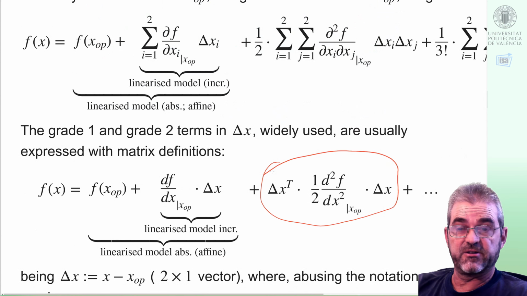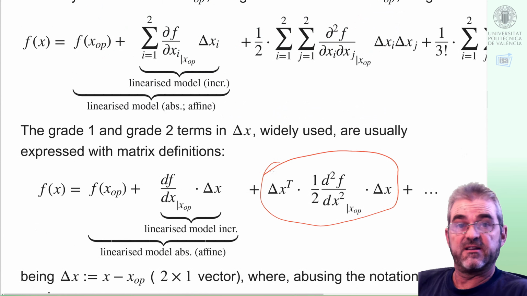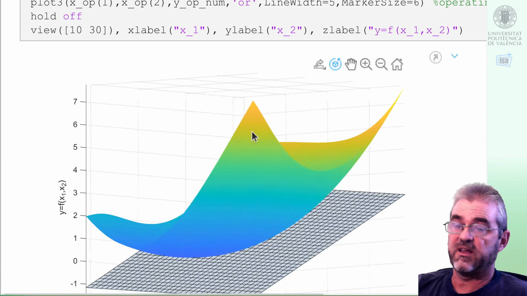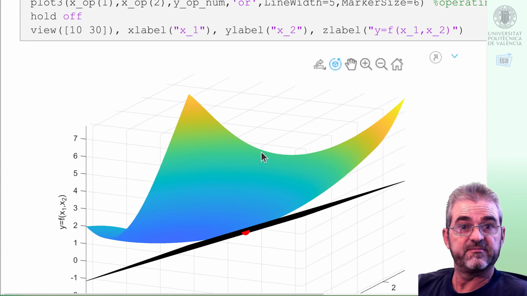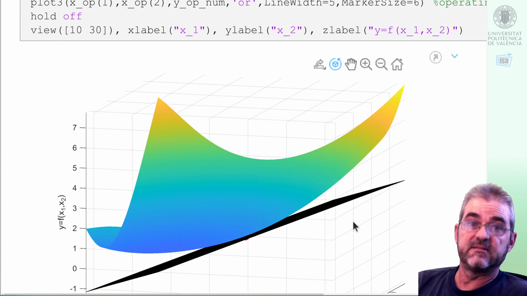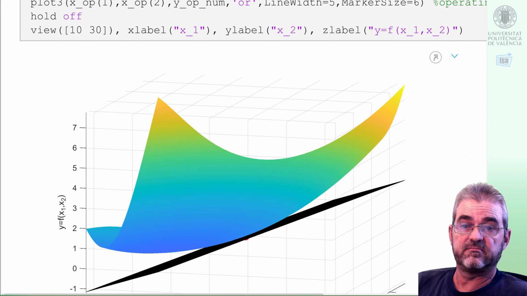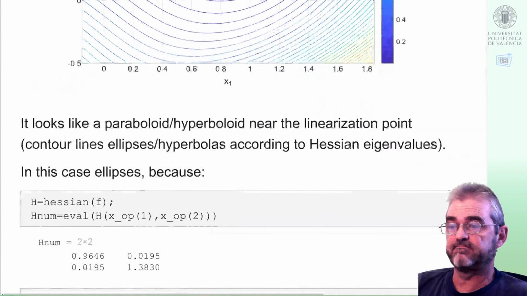Then the linearization error will be positive, the function will be above its linearization. And indeed, this is what we see when looking at this figure. So locally, the error is kind of a paraboloid above the plane, because the Hessian has two positive eigenvalues.